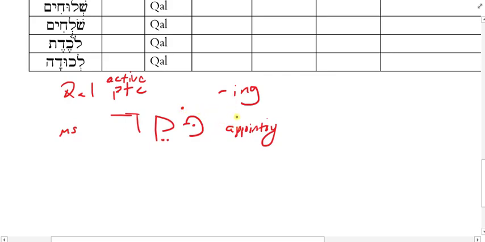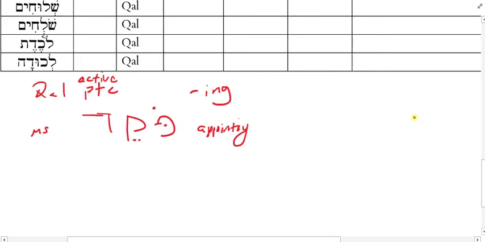So, appointing. Now, in this chapter, we're dealing with the Qal passive participle, and any passive participle for that matter. The person being described by the participle is not performing the action, rather, it has the action done to it, okay?